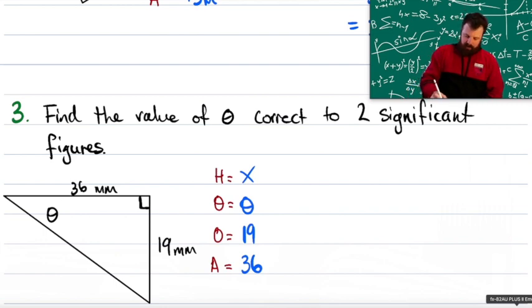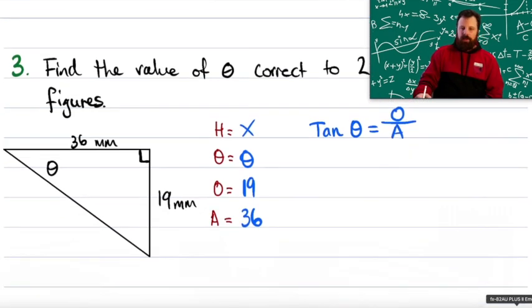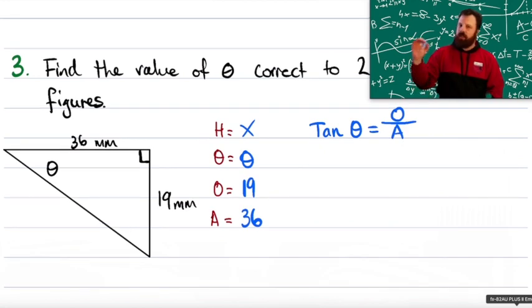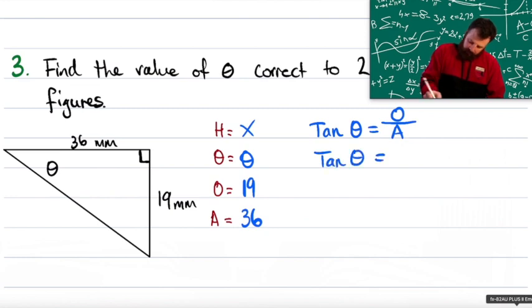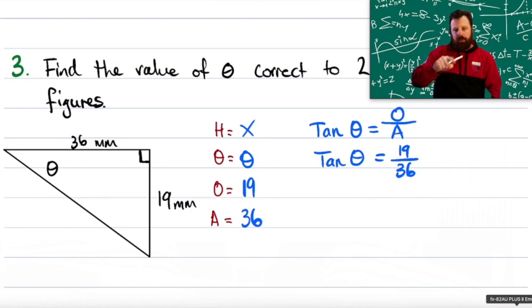So we know that tangent of theta is equal to the opposite side over the adjacent side. Now that we've got that written down, let's substitute all our information in. So tangent of theta is equal to the opposite, 19, over the adjacent, which is 36. Now remember, this is where we're going to do that shift tan on our calculator.